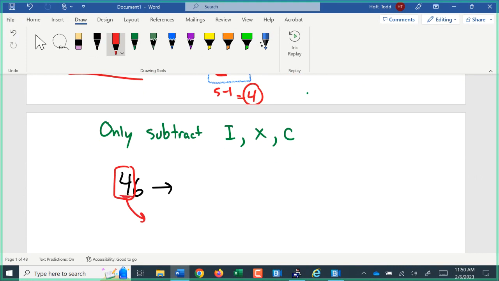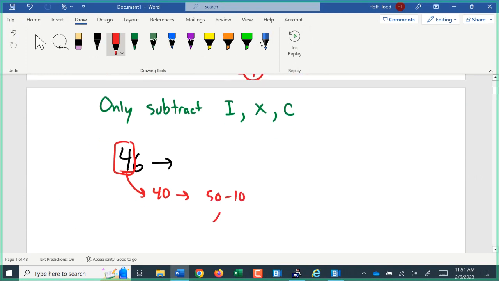So we'd express the 40 first. Well, 40 would be expressed as 50 minus 10. So that would be XL. L is the 50, and since the X is 10, it's in front of it, it is subtracted. So that's the 40.